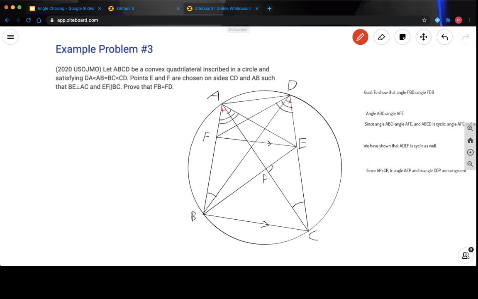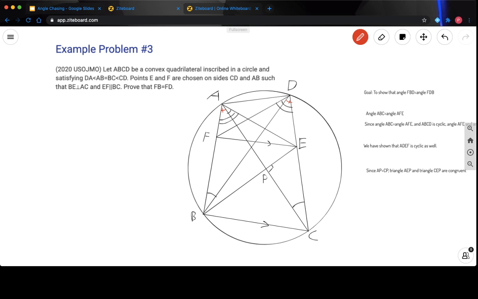But angle FAC and angle EDP are congruent, which means that angle BAC minus angle BAE minus angle FAC, which is this angle, angle CAE, must be equal to angle FDB, simply because they're both the angle with two lines subtracted by the red angle, right?